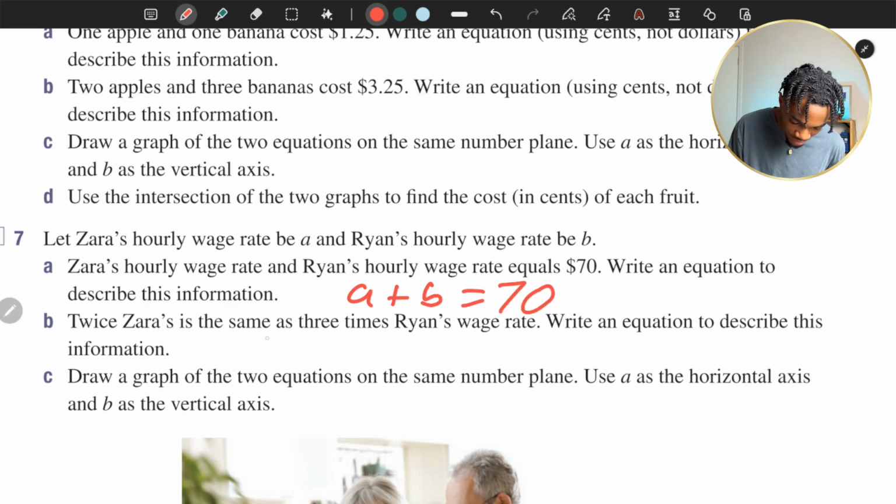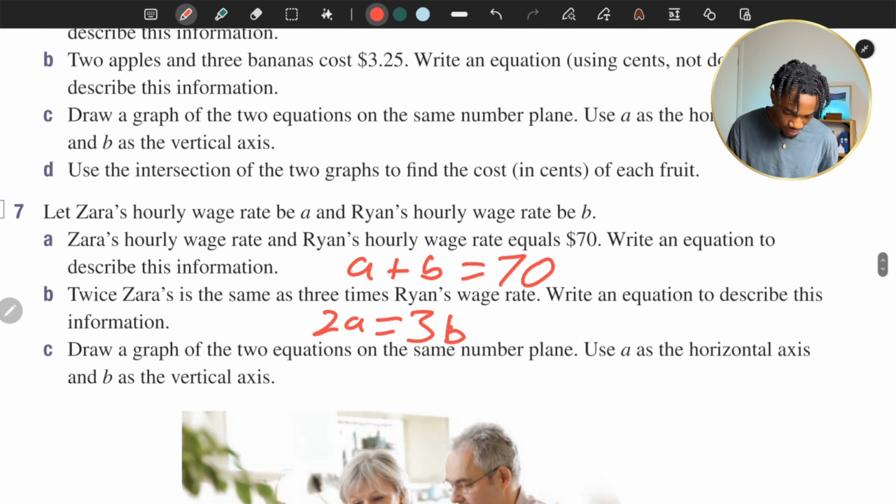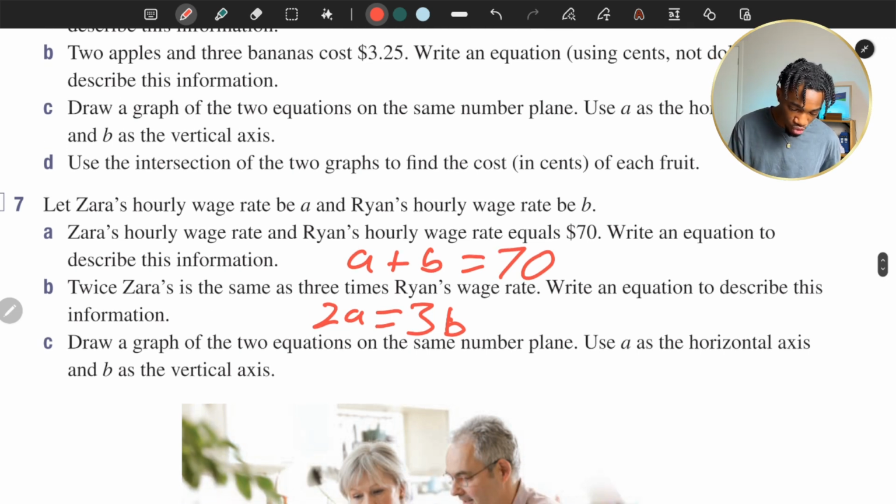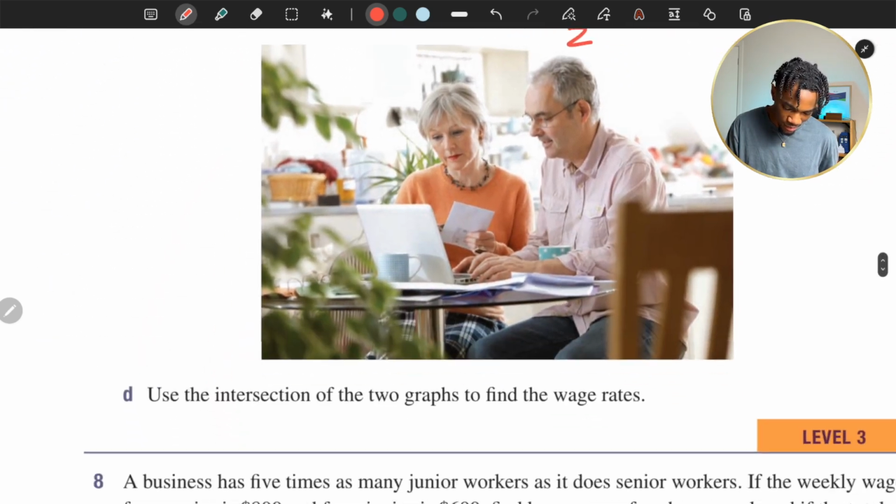Twice Zara's is the same as 3 times Ryan's wage rate, so this would be the equation for this. Draw a graph to accommodate this, and then again we just solve these for one of them.